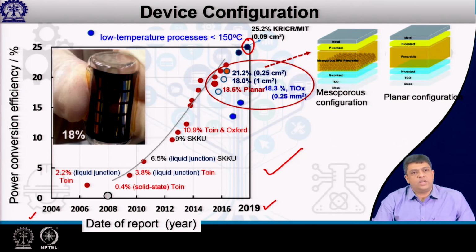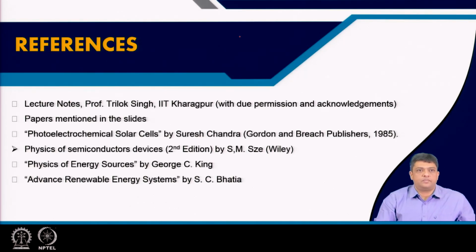You can see that the earlier technologies could reach these values of efficiencies after research of more than 100 years or so, whereas perovskite based research, when it has really taken off, could reach these values in a few decades or so, and that is why these are being considered as the future of solar technologies.